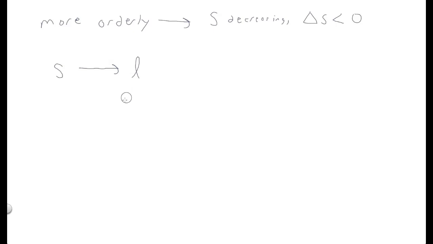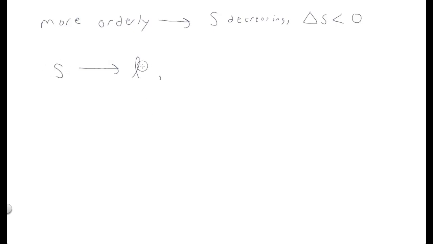Okay, now remember the phases. Phases are things like solid, liquid, gas, and aqueous. So let's say we have a phase change from solid to liquid. What would you predict about entropy in this case? What's happening to entropy here? It's becoming more disorderly. Okay, so what would you predict about the entropy?